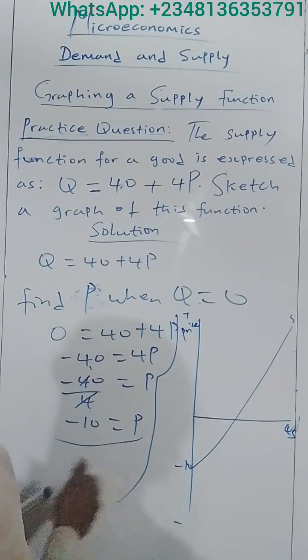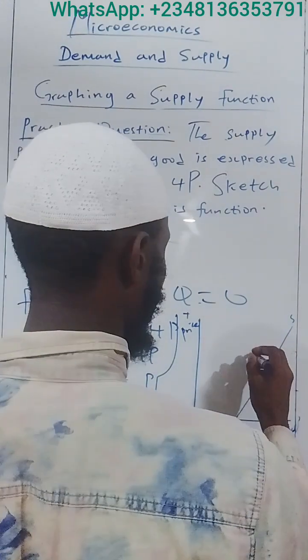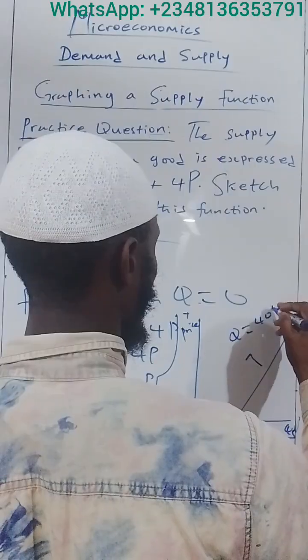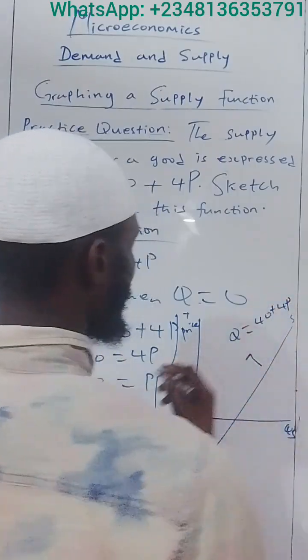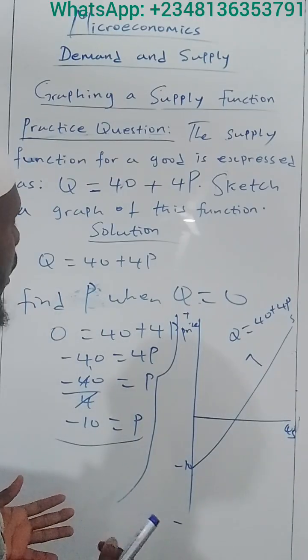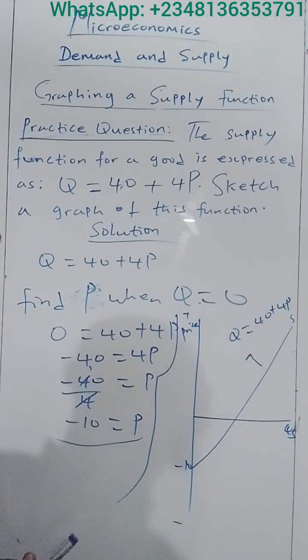Then this is the quantity supply, and this is the supply curve, and the function of this supply curve is Q equals 40 plus 4p. Guys, in our next video, I will also demonstrate the situation whereby the graph of the supply function is restricted to the positive side.